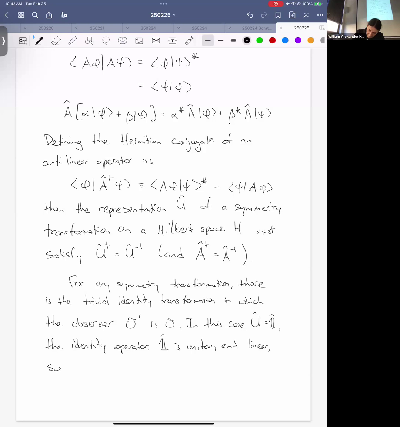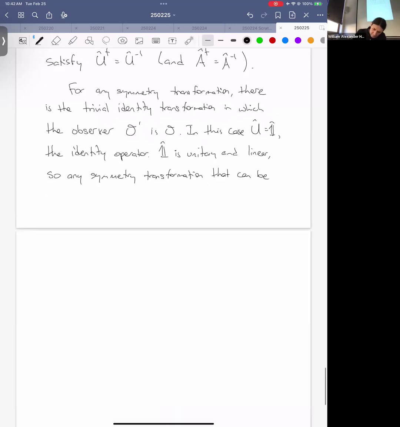So any symmetry transformation that can be continuously connected to the identity must be represented by a unitary and linear operator U.